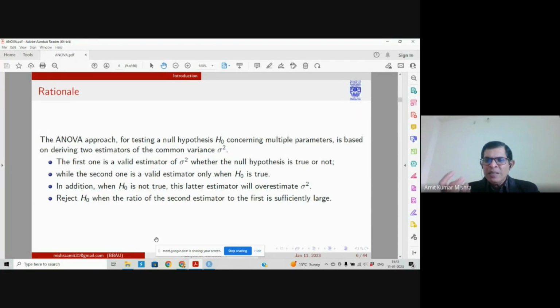This is the basic rationale behind the analysis of variance. Because we are focusing upon estimators of the variance, the name comes analysis of variance. We are analyzing the variance, and based upon that analysis, we are deciding about the mean.